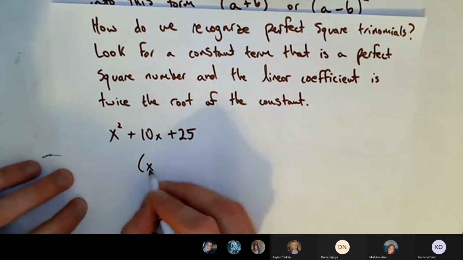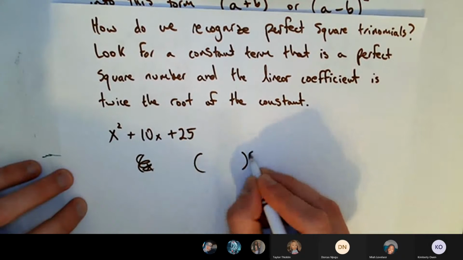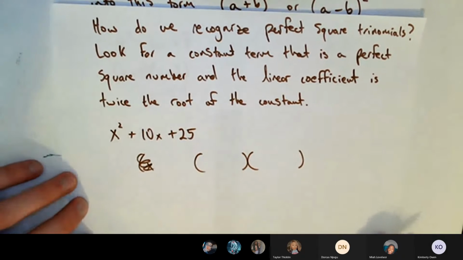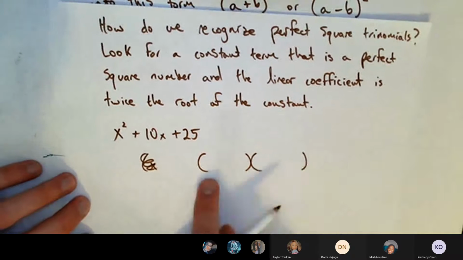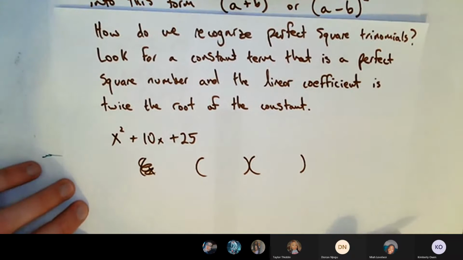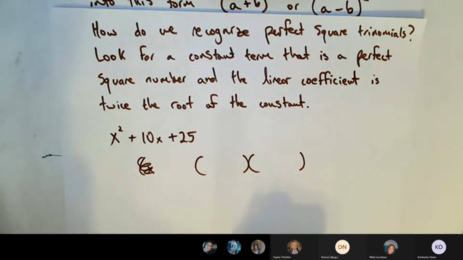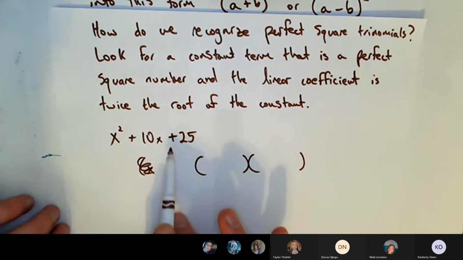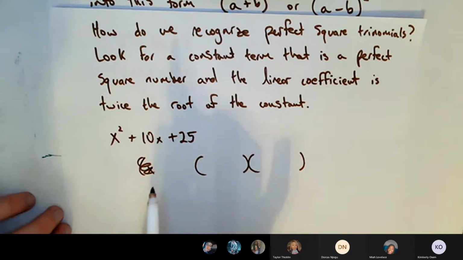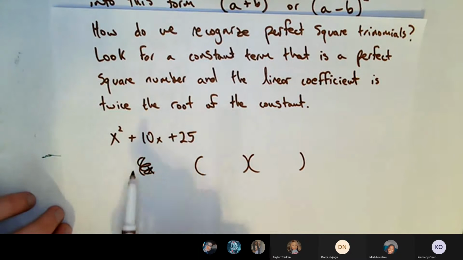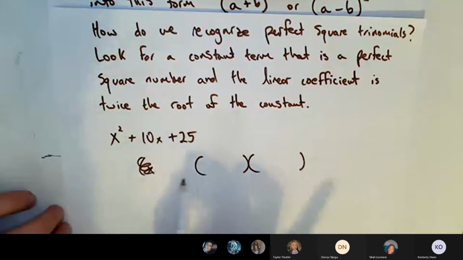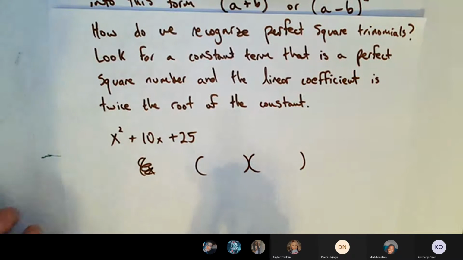First I set up my little parentheses here, hopeful that it will be perfectly factorable, which it is. Maya, what do you think it would factor into? Because it is a perfect square trinomial. We see that 25 is a perfect square and its root is 5. And if you double that, you get 10. So Maya, what would this trinomial factor into?